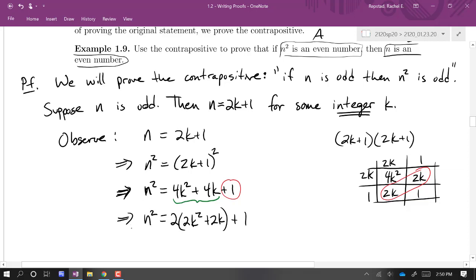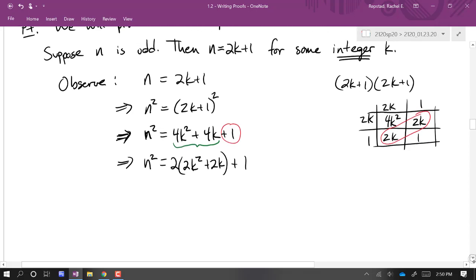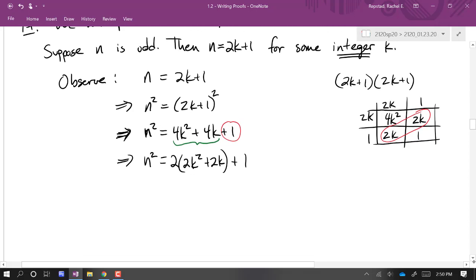Now, we're just about there. It's not enough to say it's 2 times something plus 1 to be odd. It has to be 2 times some integer to be odd. So the last thing we want to do is say, we know that k is an integer, so that means 2k squared plus 2k is an integer.